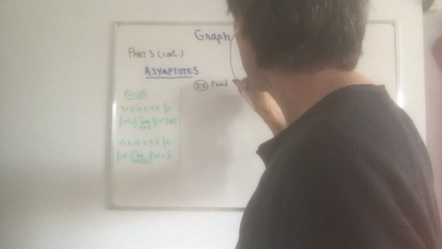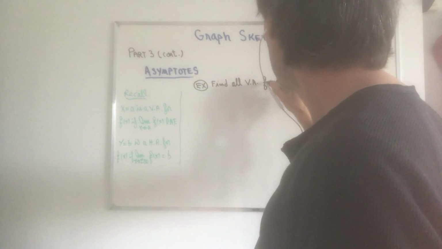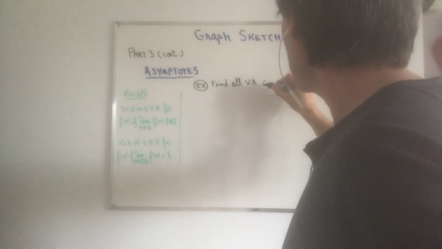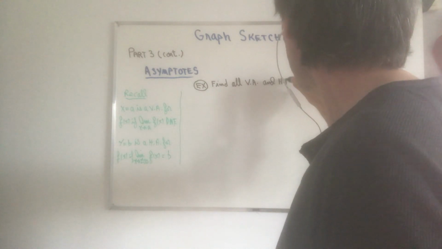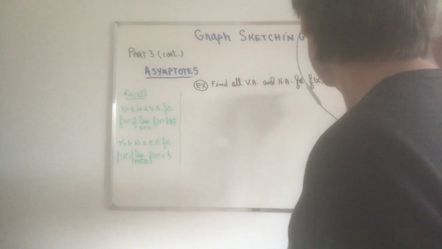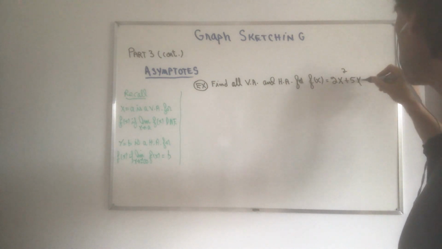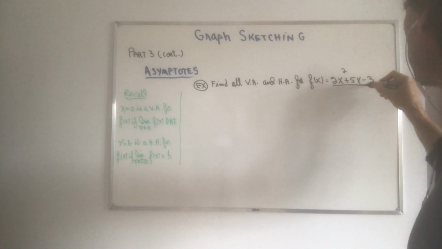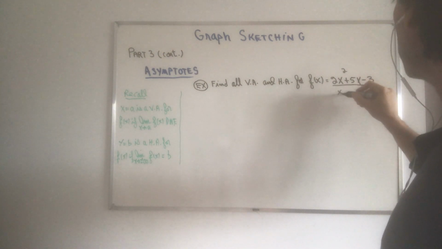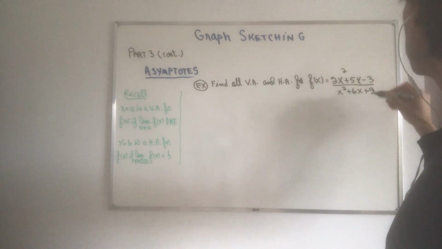Find all vertical asymptotes and horizontal asymptotes for f of x equals 2x squared plus 5x minus 3 over x squared plus 6x plus 9.